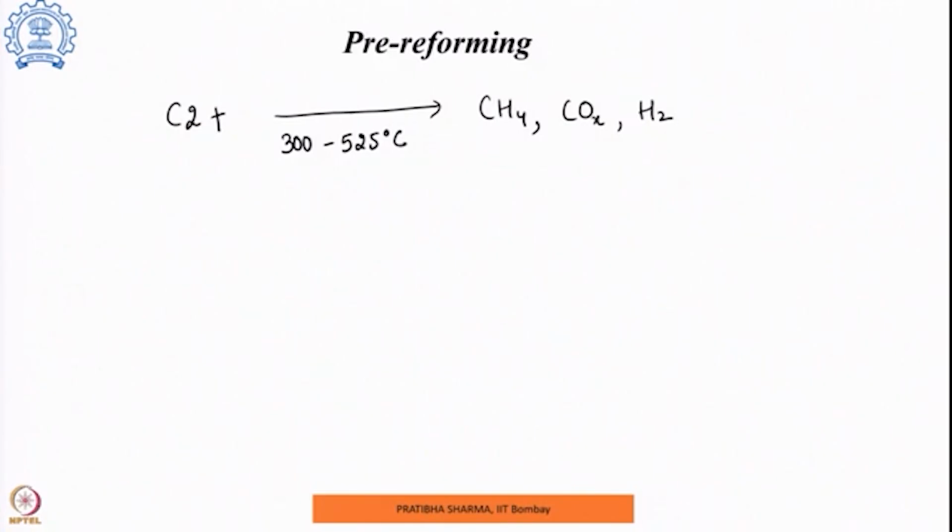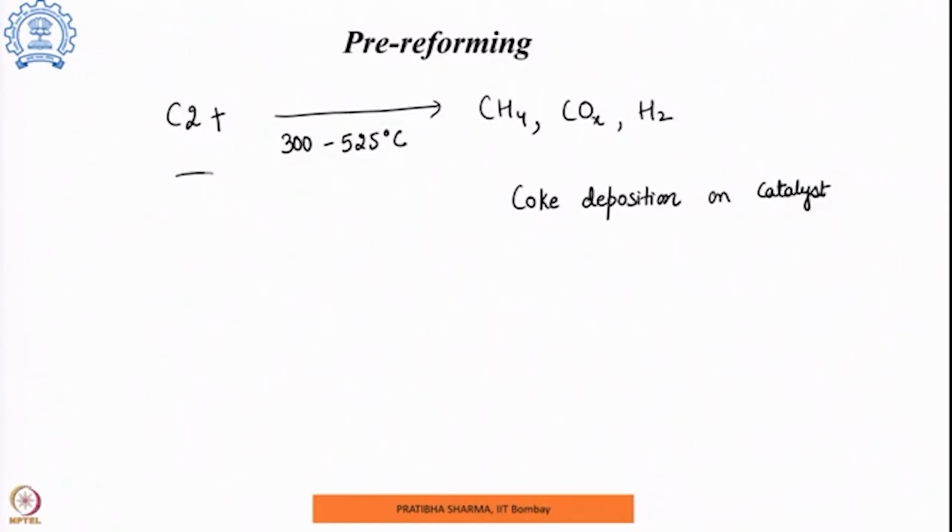Now, these higher hydrocarbons need to be converted into lower hydrocarbons like methane before the reforming step, so as to avoid coke deposition onto the catalysts which are being used in the various downstream processes.